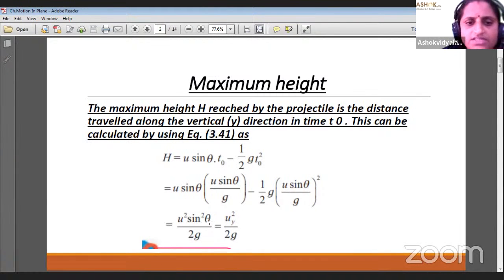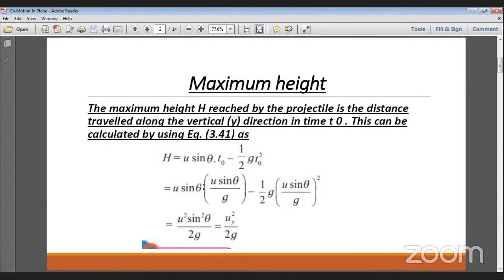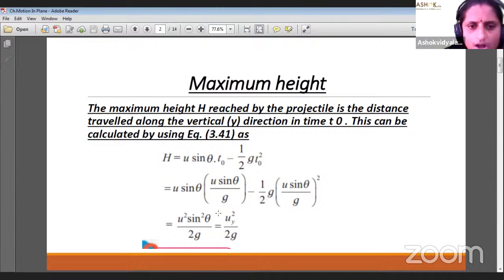Then we get u square sin square theta upon 2g. So the maximum height h is u square sin square theta upon 2g. This is the maximum height reached by the projectile, the distance traveled along the vertical y direction.